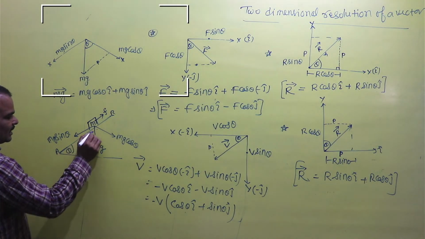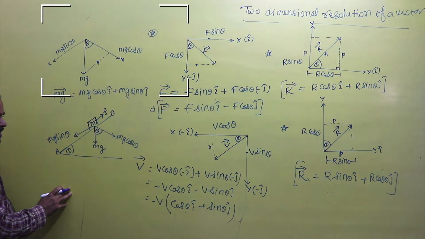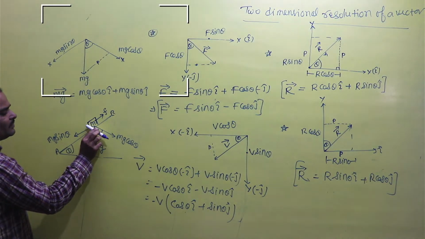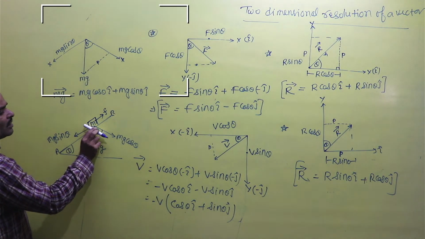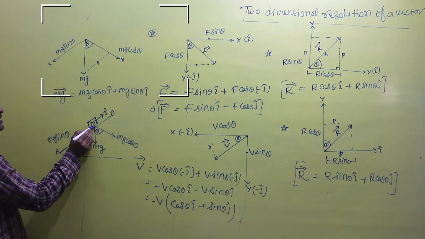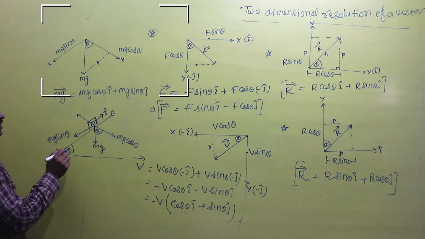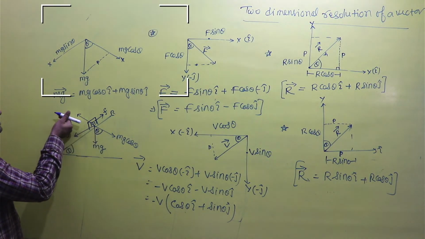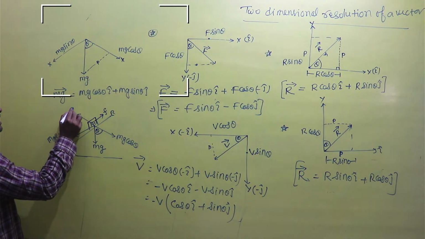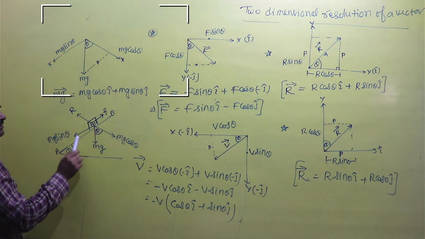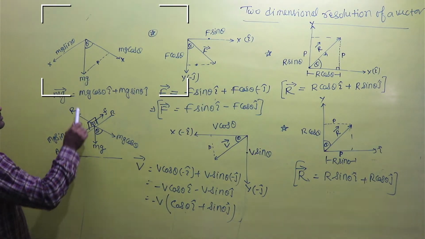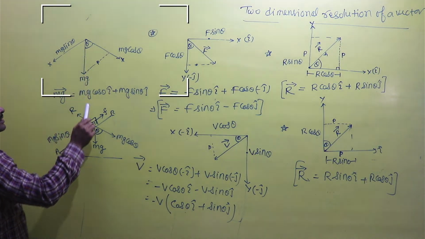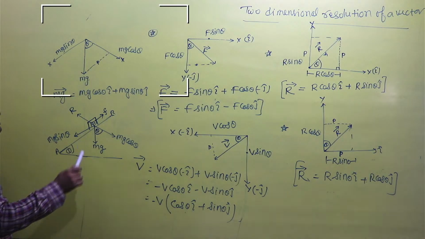So the theta and the theta will be here, and when the object is put, mg cos theta acts in the opposite direction, and it will be equal to R. So we can use the resolution of vector at an inclined plane and by other ways.